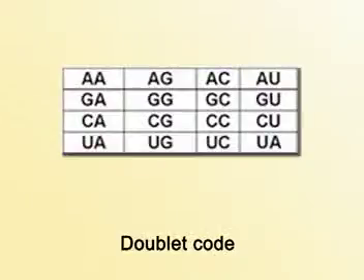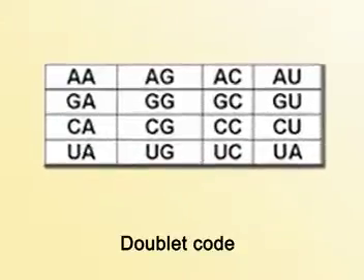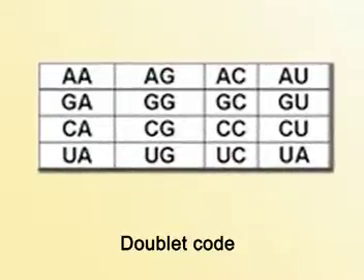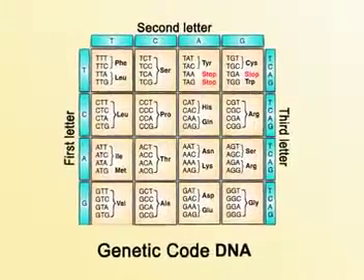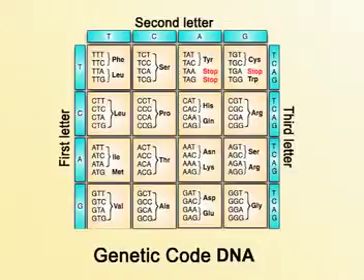In a doublet code, 2 nucleotides code for 1 amino acid and only 16 amino acids will be coded, which is insufficient to code for 20 amino acids. In a triplet code, 3 nucleotides code for 1 amino acid, which is thus the smallest coding unit that could accommodate 20 amino acids. So the triplet code fulfills the requirement of coding all the 20 amino acids.